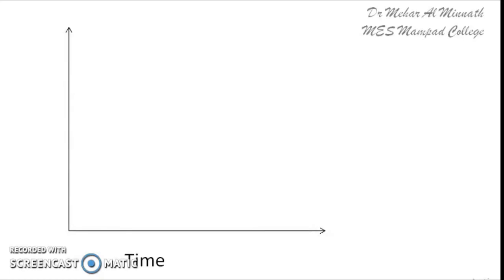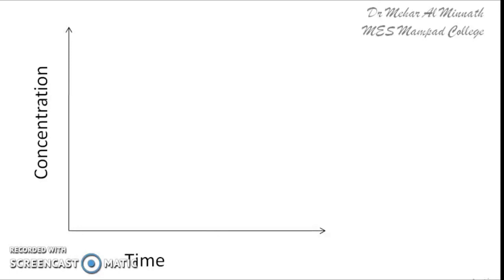Let us look at how we can monitor the change in concentration of a reactant or a product with time, or how we are going to plot the graph to determine the rate of a reaction. Now you have the x-axis and the y-axis. On the x-axis you mark the time, and on the y-axis you mark the concentration if you are carrying out the determination of concentration.